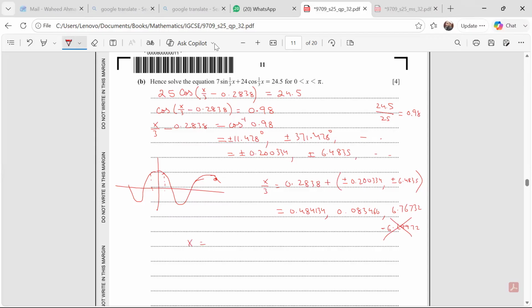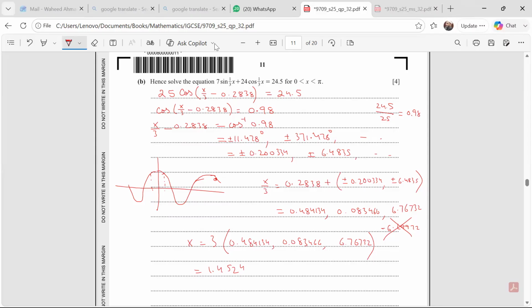So x is equal to 3 times all these numbers, means 0.484134 and 0.083466 and 6.76732. And when I multiply with 3, I get 1.4524.